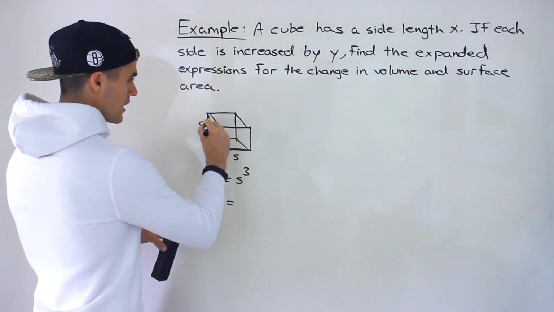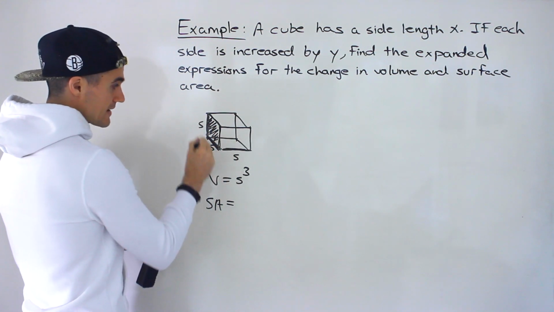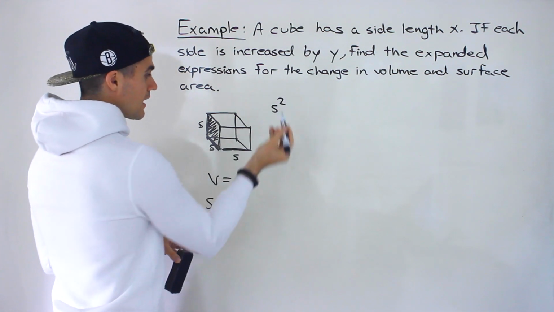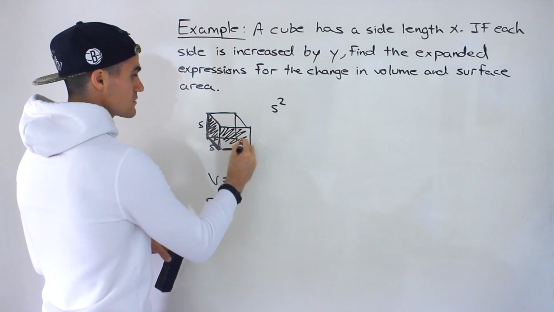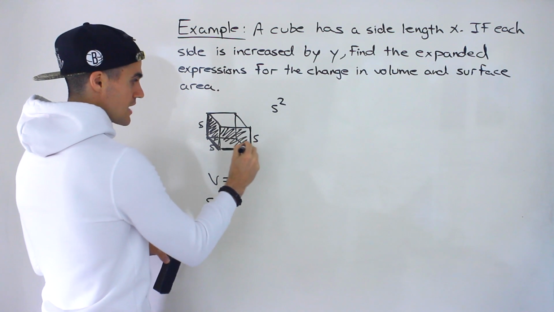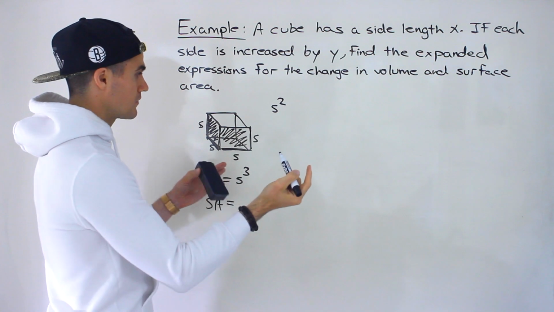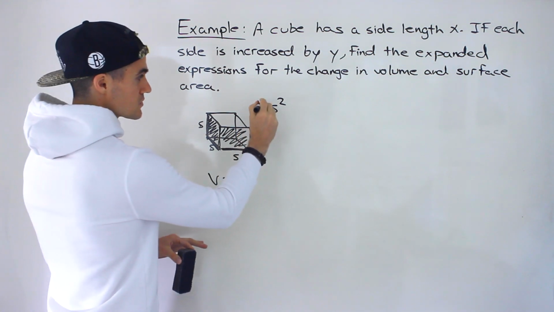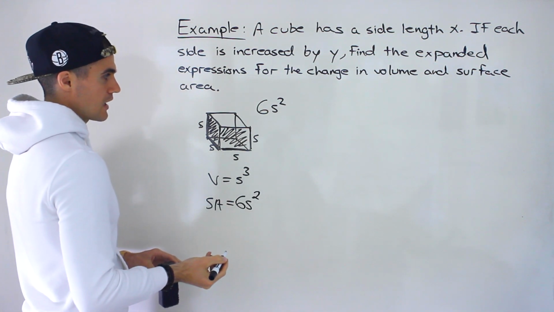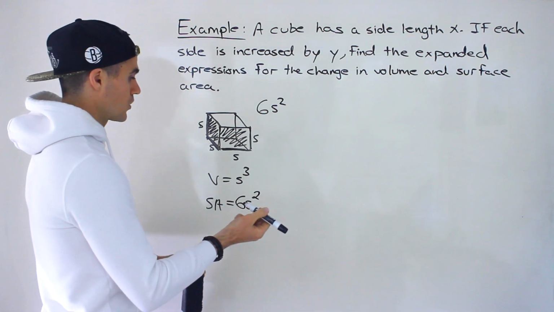The area of this face on the side here is going to be S times S, which is just S squared. That's the area of one face. The area of this face over here is also going to be S times the height, which in this case is S, so that's S squared. And how many faces are there? There's 6 of them, and they all have the same area. So the surface area is just 6S squared. So these here are the formulas we're going to be using.